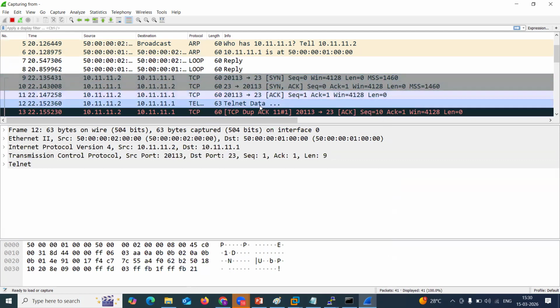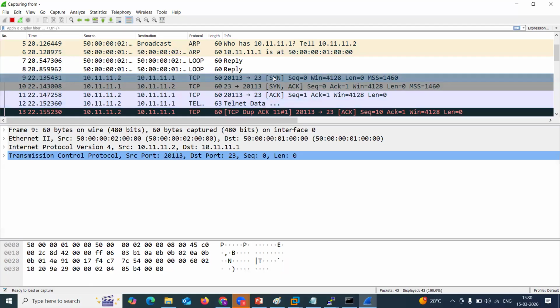So what I'm trying to show you here, when I tried doing a telnet, my source port number is dynamic.